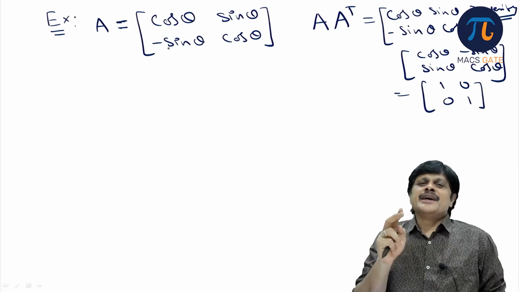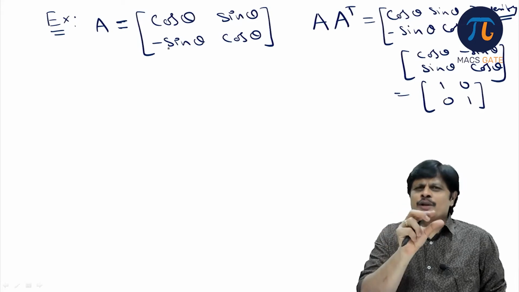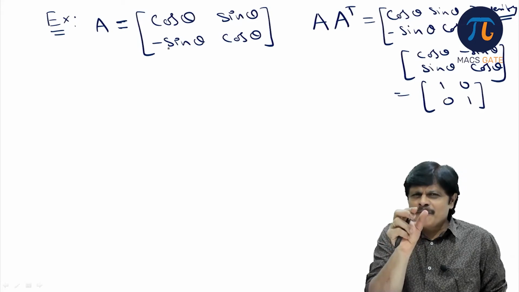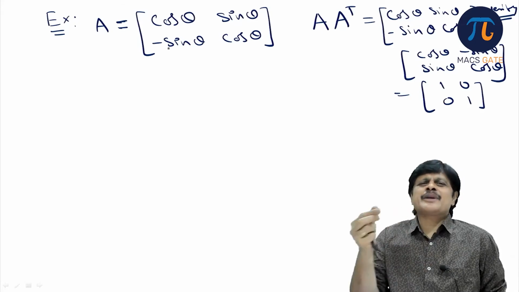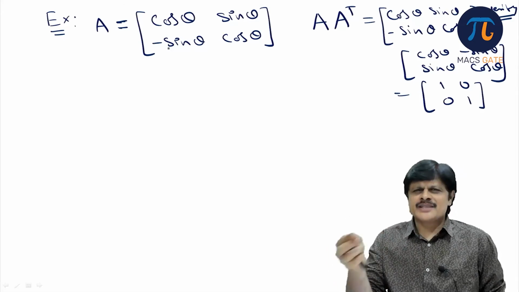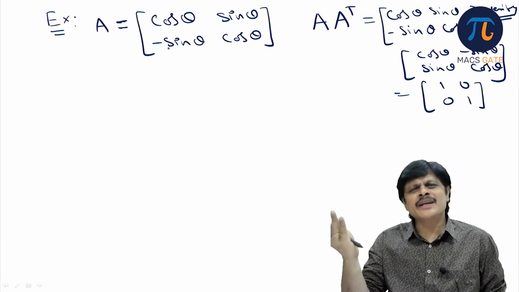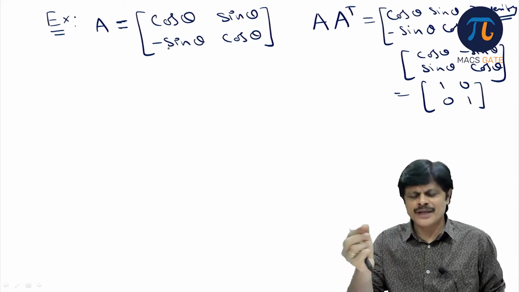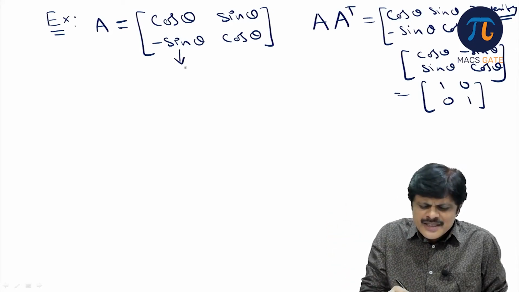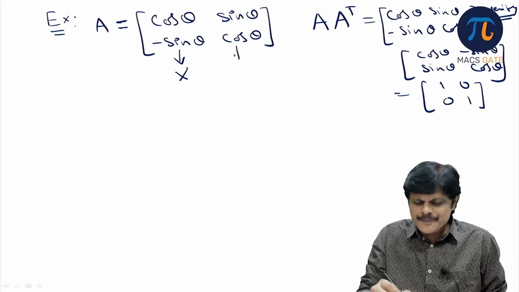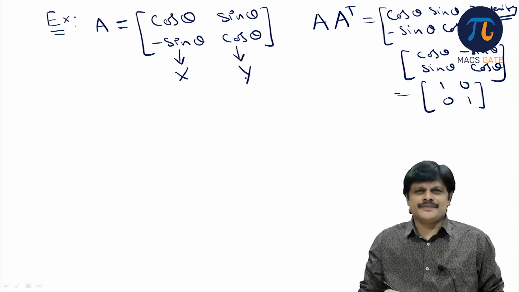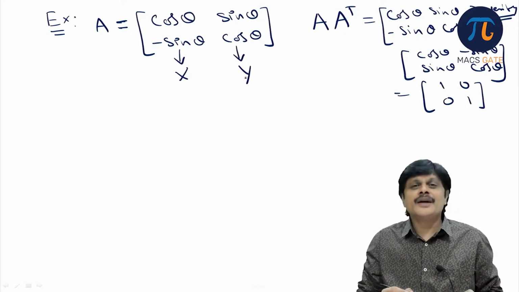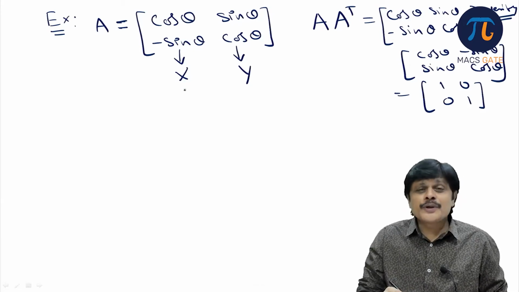If a column matrix represents a vector, it is called a column vector. Similarly, a row matrix can represent a vector, then it is called a row vector. So the idea is the same. This is the first column, this is the second column. Now you know the property of orthonormal vectors.